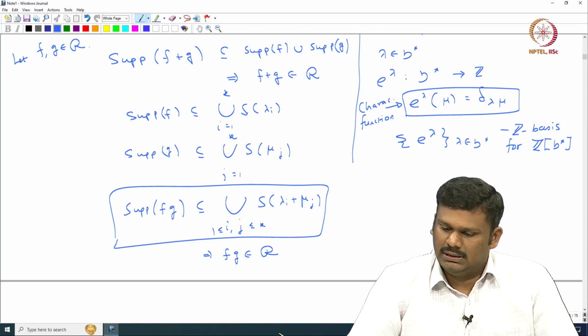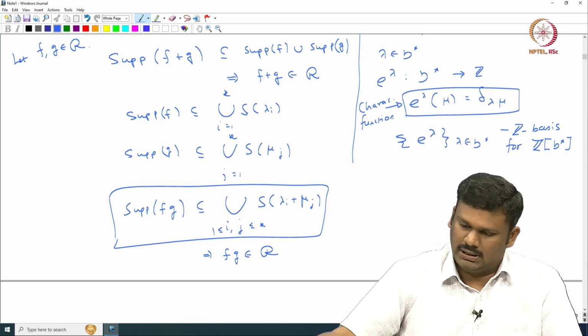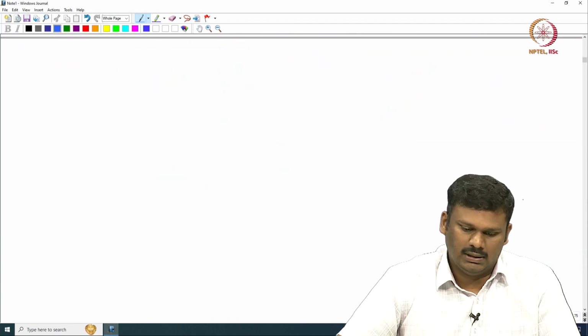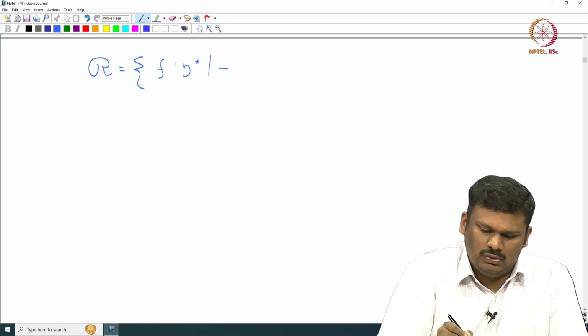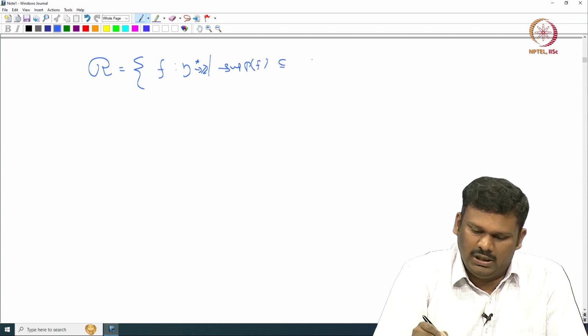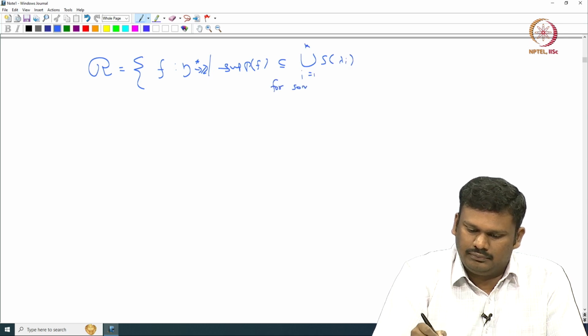So what is this Z H star? Let us go slow and recall what it is. The ring R is nothing but the set of all functions from H star to Z such that the support of f is contained in finitely many cones, the union of S of lambda i, i ranging from 1 to k, for some lambda 1 through lambda k from H star.